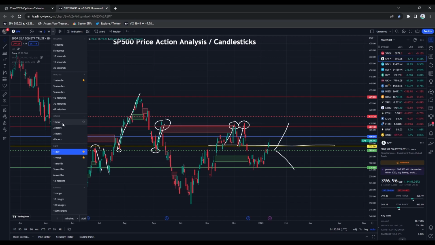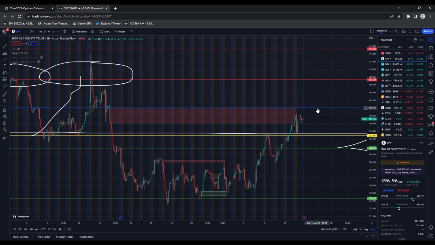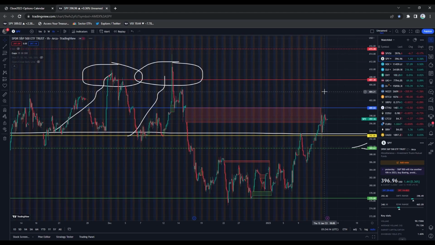So really what I'm looking for right now is there's two key levels. We have a gap to the upside on the hourly chart to 400. If price wants to push to 400, that's a pretty good short dated put contract, SPY 0 days to expiration. Or if we do break above this, I'm really targeting this 407 level.